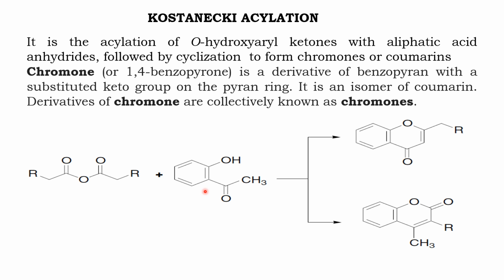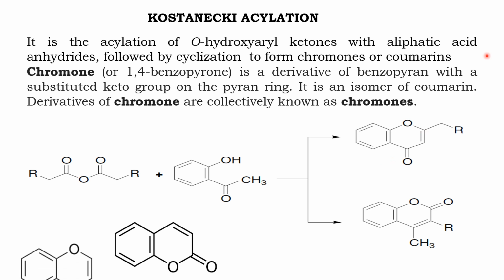So we could say this is an ortho-hydroxyaryl ketone, which is reacting with an aliphatic acid anhydride, resulting in the formation of a chromone, or its isomer coumarin. This particular reaction is called the Kostanecki acylation reaction.